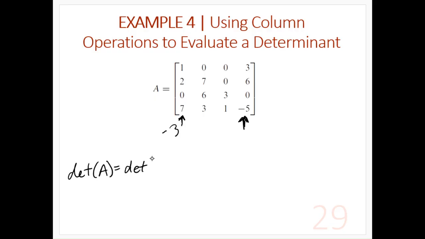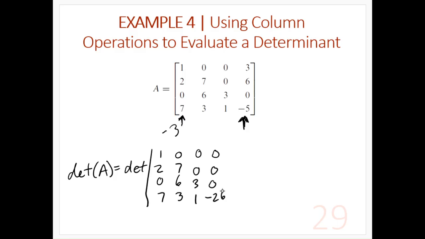So we want it to be now this new matrix here: 0, 7, 6, 3, 0, 0, 3, 1. And now we have 0, 0, 0, and this last entry is negative 26.